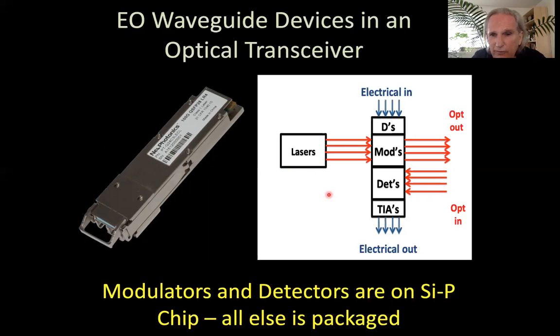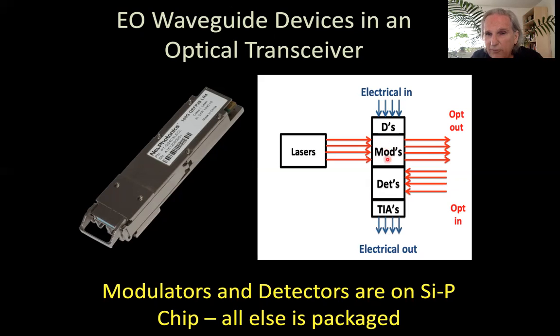And this is a PowerPoint of what was in that package at the time. They're essentially 4 lasers, and those 4 lasers are coupled to a silicon photonic chip, which has multiplexers, modulators. Actually, here it doesn't even have multiplexers.